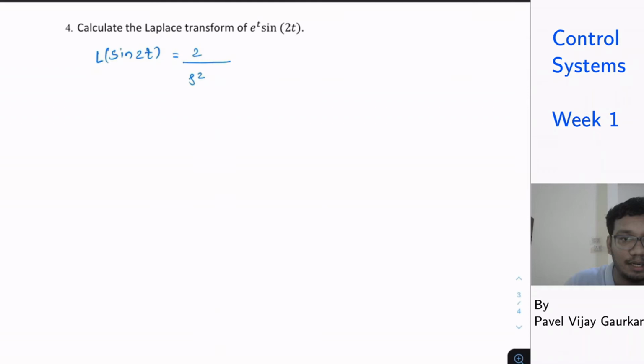So the Laplace transform of e power t. Okay, so let's go with the formulas. The Laplace transform of e power minus at.